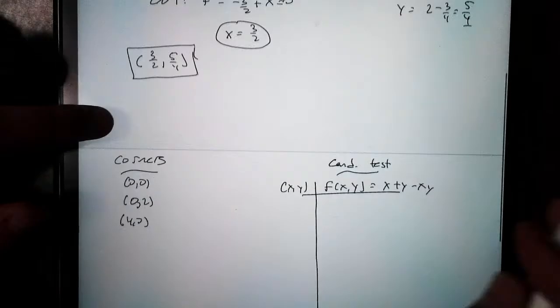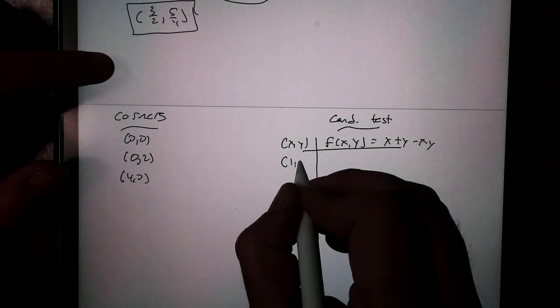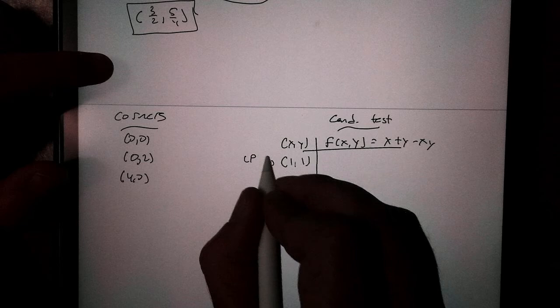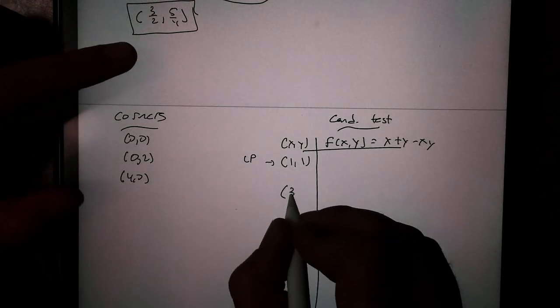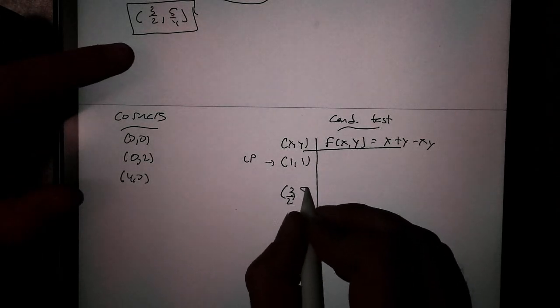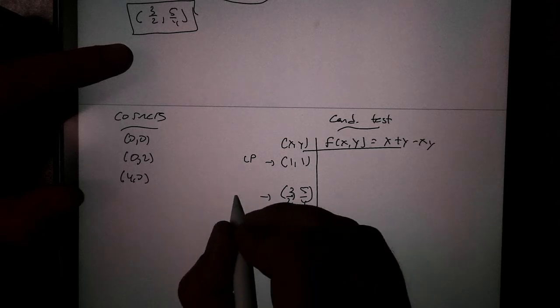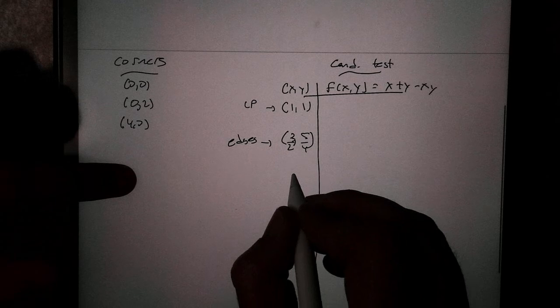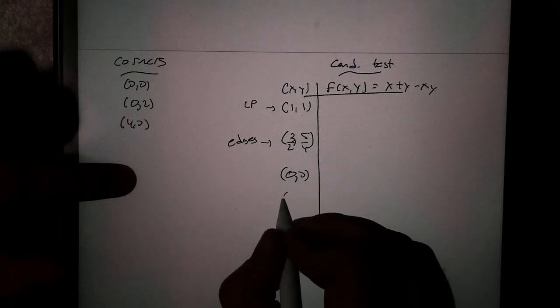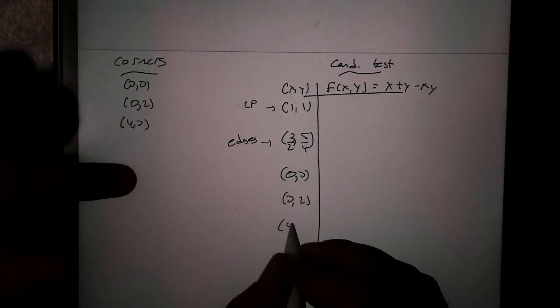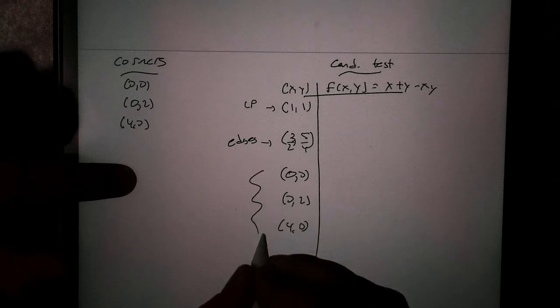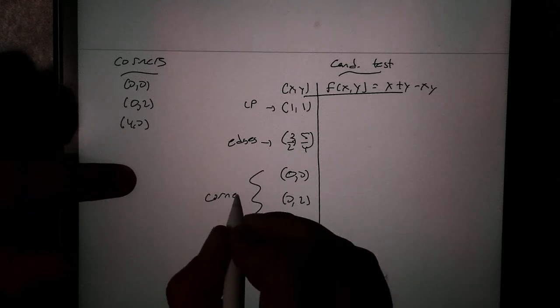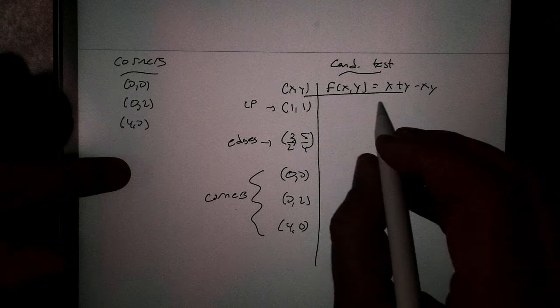That was our one critical number that we have. 1, 1. That was our critical point. And then we have 3/2, 5/4, and that was our edge from the edges. And then we have 0, 0, 0, 2, and 4, 0. These were our corners. And we just plug them in.